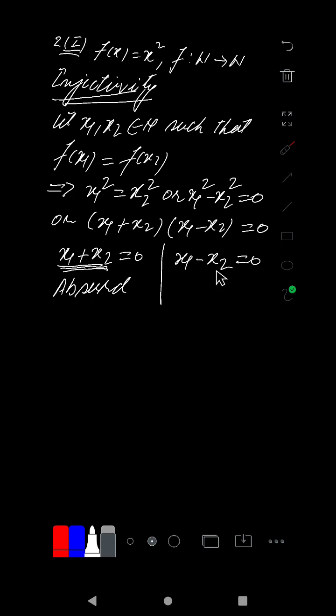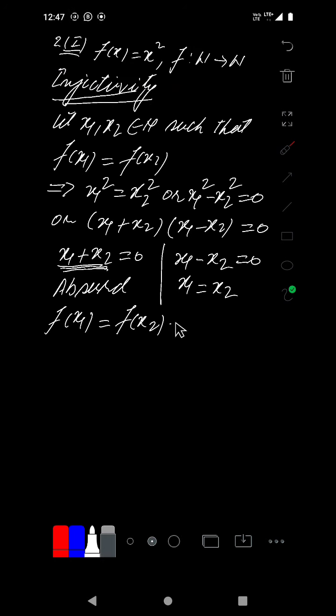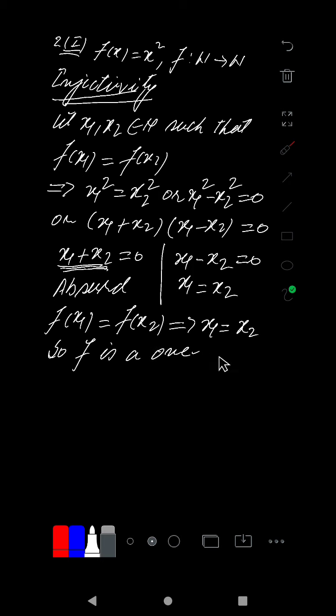We have only one valid result, that is x1 minus x2 is equal to 0, because difference of two natural numbers may be 0. So x1 is equal to x2. Thus, f(x1) is equal to f(x2) implies that x1 is equal to x2 only. So f is a one-one function. Or in other words, we may say f is an injective function.